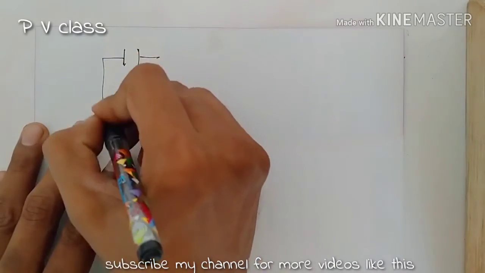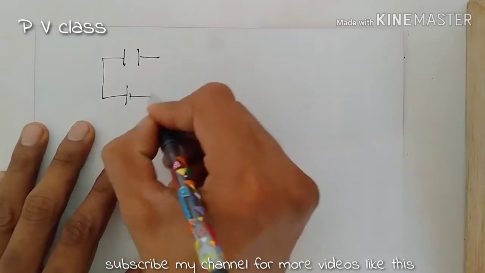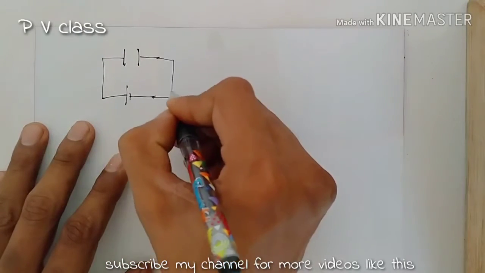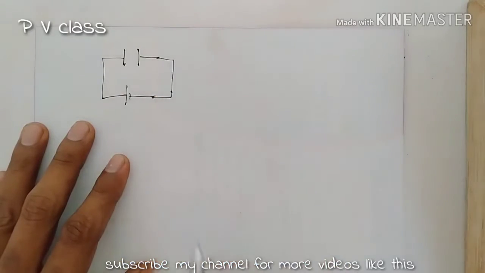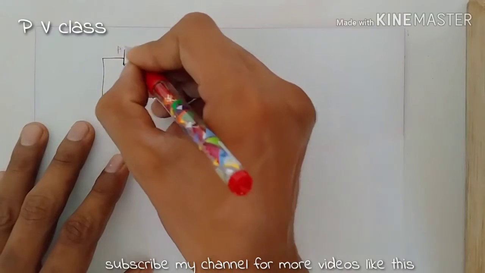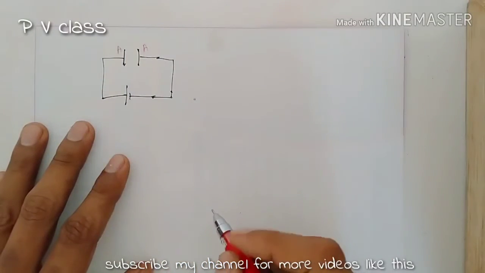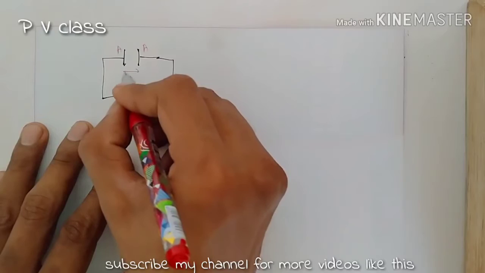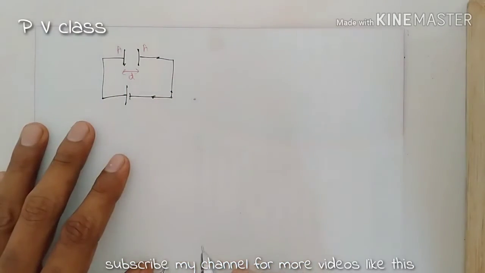As in the previous diagram, we could imagine it connected to a battery as shown in the figure. The plate area of the capacitor is A, and the distance between the plates is D.